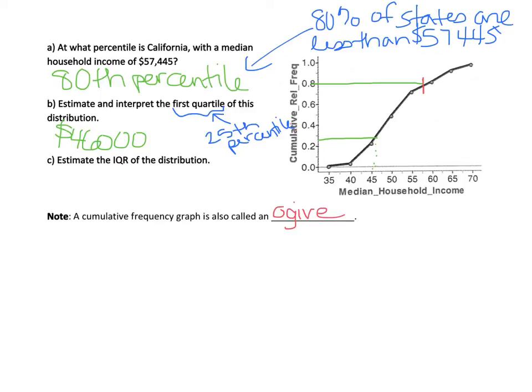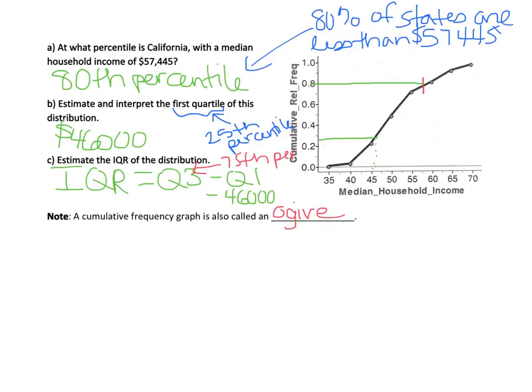If you want, you can pause and try that IQR on your own, otherwise I'll just do it. So the IQR is, if you remember from the previous section, Q3 minus Q1. So Q1, our first quartile, we've actually already found, so that was 46,000. The Q3 is going to be, you might be able to guess it, our 75th percentile.